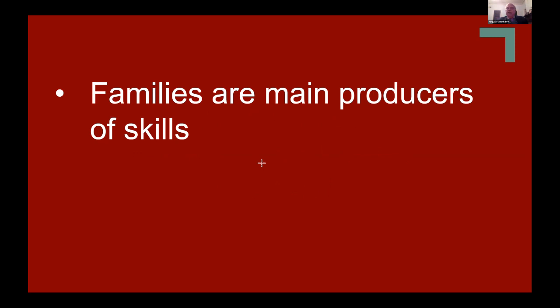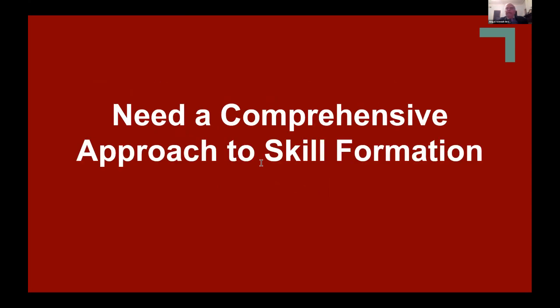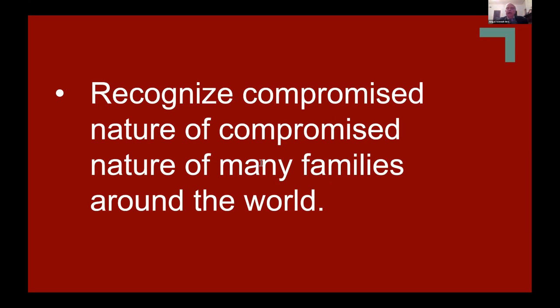And what we should also understand is that families are the main producers of skill. We need a comprehensive approach to skill formation. We need to think of what skills are and how we foster them. And we should recognize the compromised nature of many families.